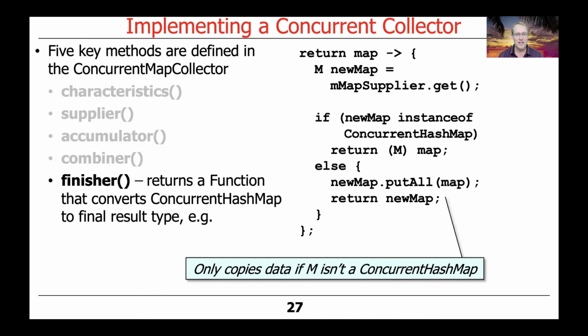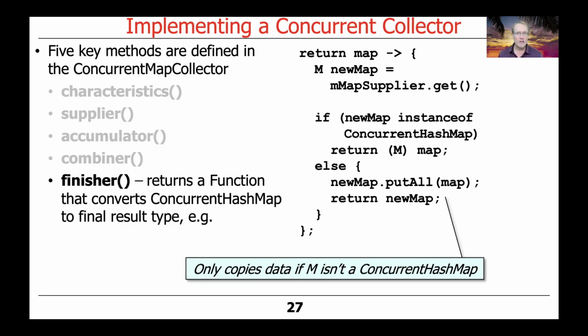What the finisher does is it takes the ConcurrentHashMap that it's got as the mutable result container, and then it uses the map supplier that was passed in the toMap factory method to make the appropriate type of map that the user wants. And if the type that's returned is an instance of ConcurrentHashMap, in other words, if this is a ConcurrentHashMap, then we're just going to return the current map because we don't need to do any conversions. We've already got it in the format that the user has requested.